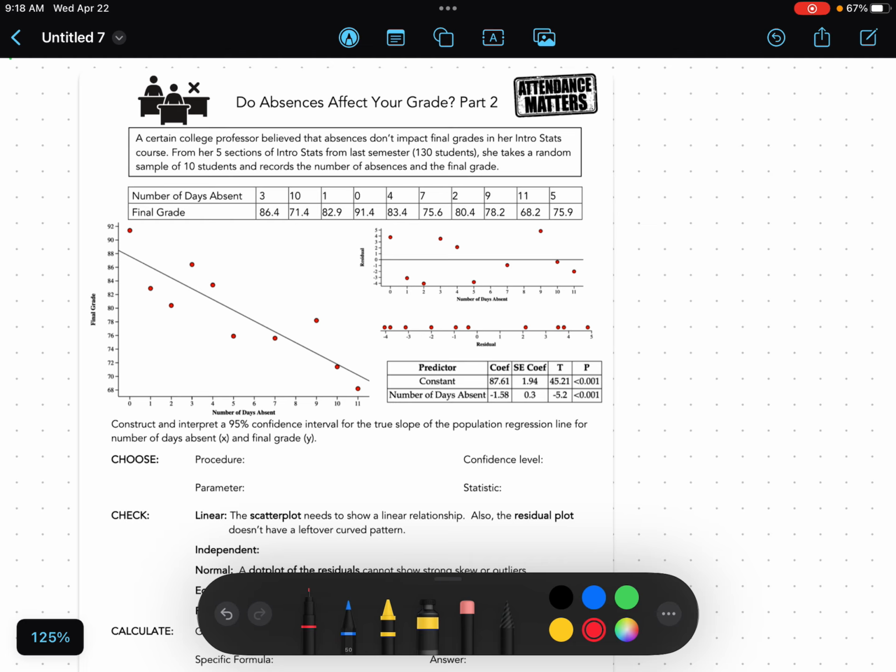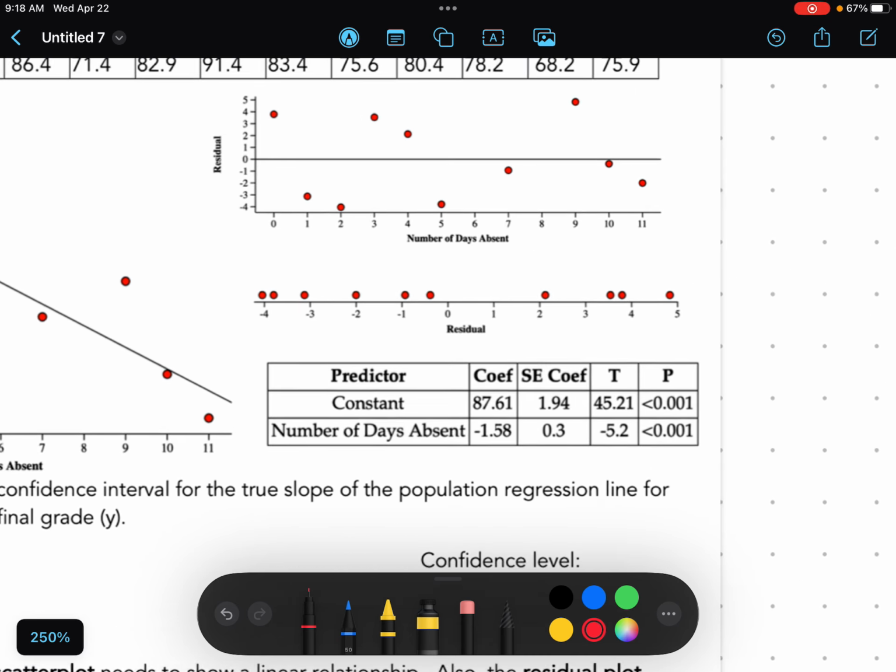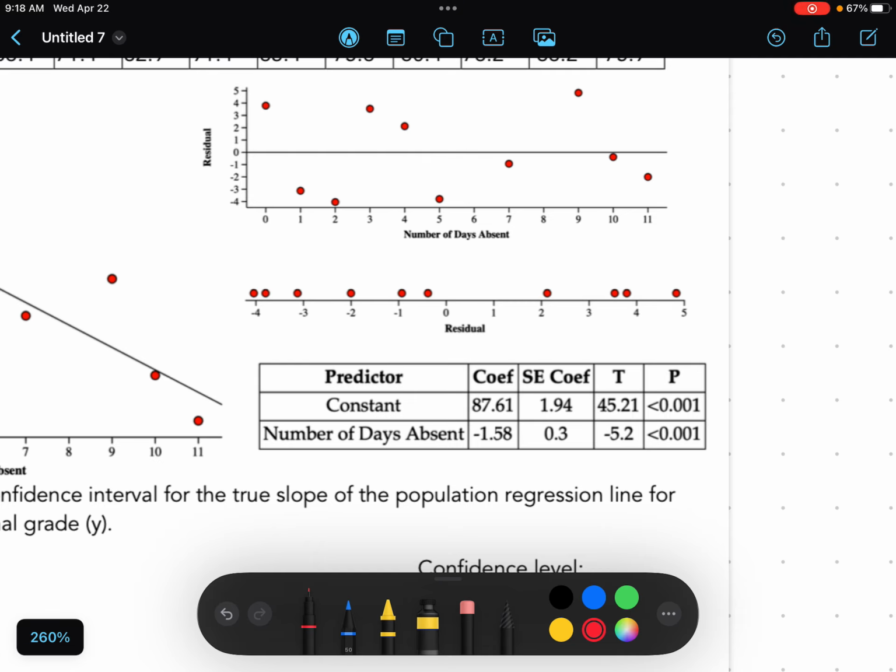Here's the reason why I told you to not go calculate anything. Well, we're going to come back to that. It's because we have this amazing table right here. Do you see this? This table, which you guys have worked with before a little bit, has the coefficients. We're going to write our equation for this really quickly.